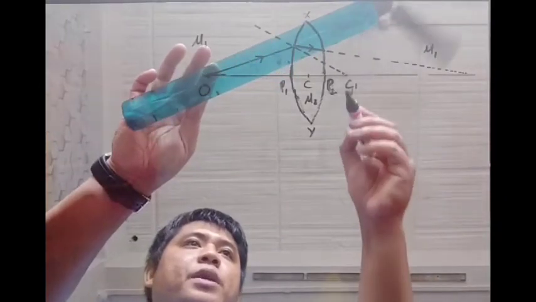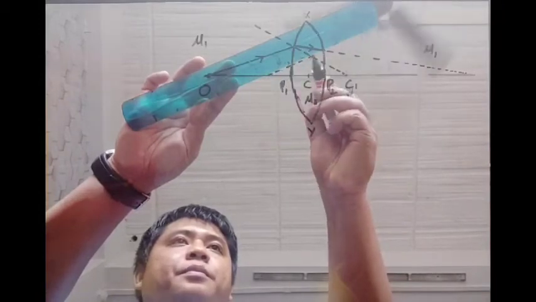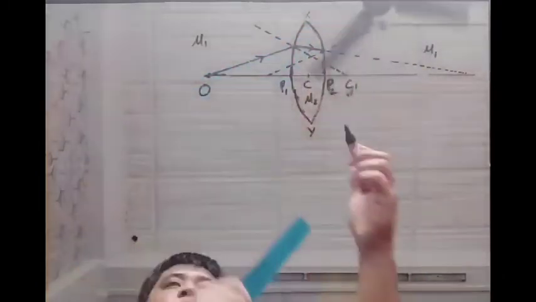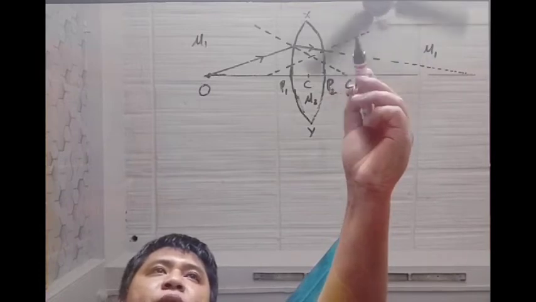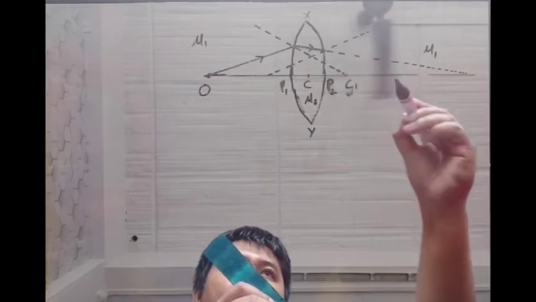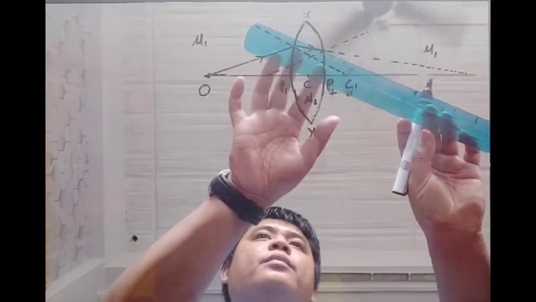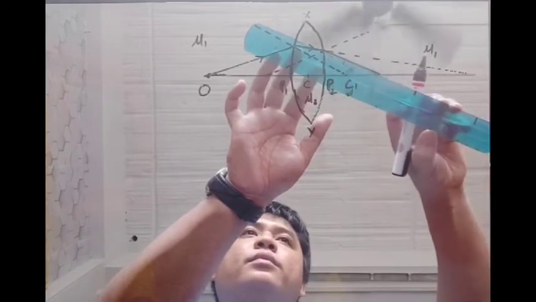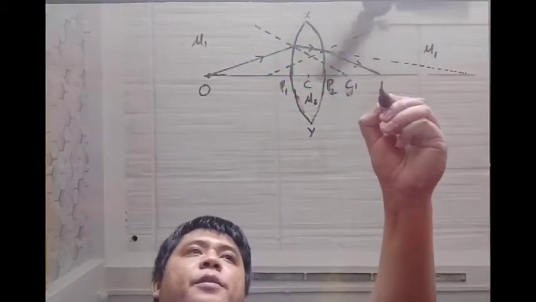Here I am going to draw the center of curvature on the left side, and this is the normal. Here the ray travels from denser medium to rarer medium, so it bends away from the normal. So it bends along this direction. This is the position of the final image.